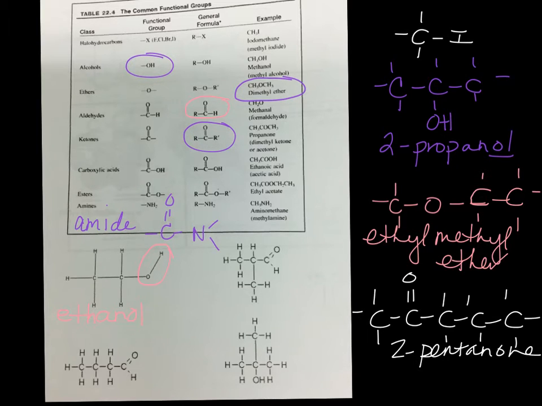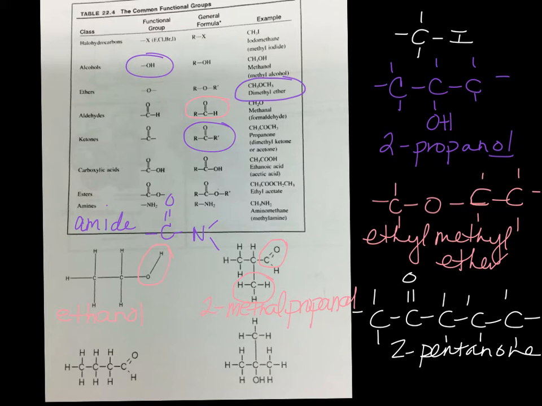On the next one, I see a double bonded oxygen on the end carbon. I'm thinking aldehyde, but I also see a functional group off the chain, so I need to number. This is on the second, so this is going to be 2-methyl, and I have 3 carbons in my main chain, so propanal.